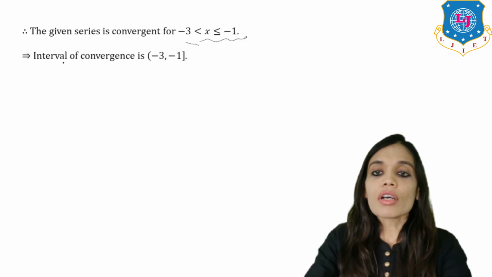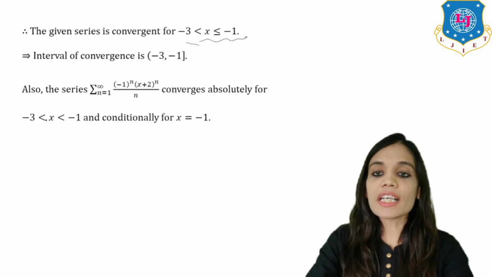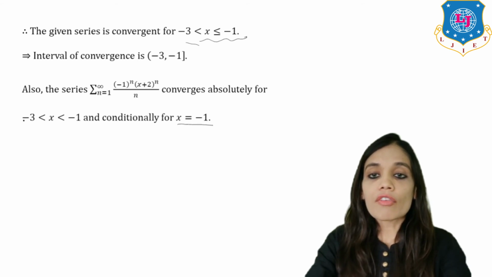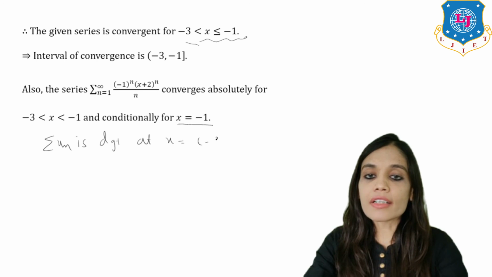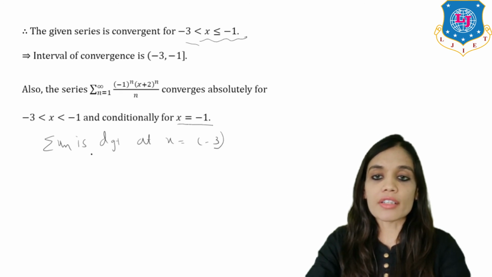Okay. Now our given series is absolutely convergent for minus 3 less than x less than minus 1 and conditionally convergent for x is equal to minus 1. Why have we written this? Because our summation un is what? Divergent at x is equal to minus 3. Hence it is not absolutely convergent at x is equal to minus 3.